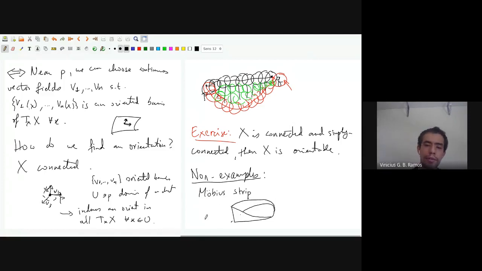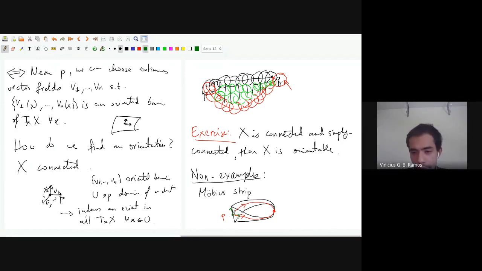Okay, I'm not a great drawer, but I think everybody knows the Möbius strip. And as you've probably seen a lot of times, the problem is if you take a point here and you look at a path that goes here, and then you take two paths, this path and this path, and say you fix an oriented basis like this.